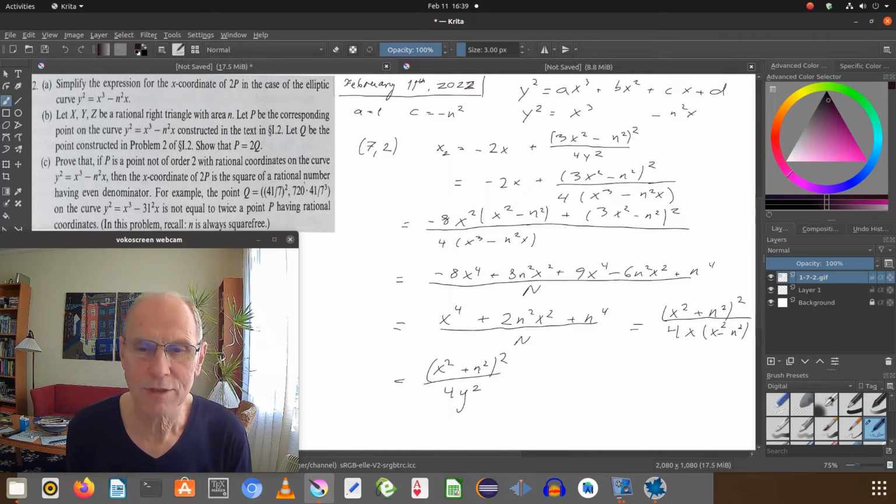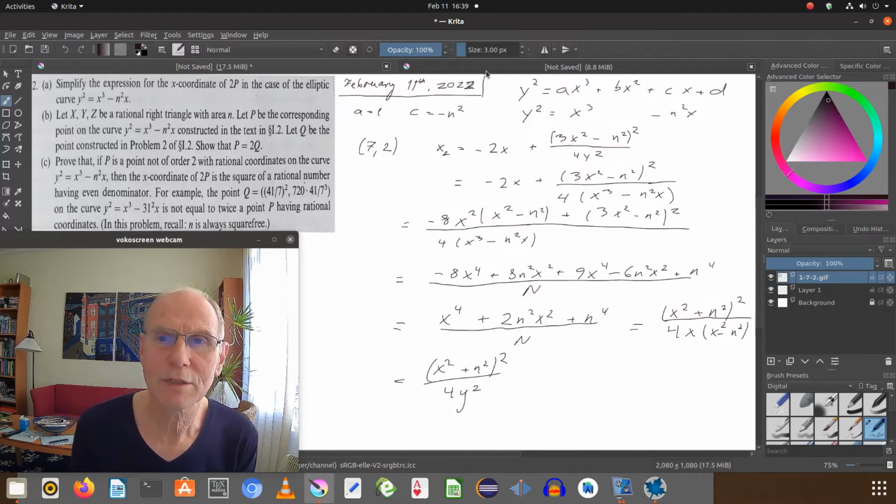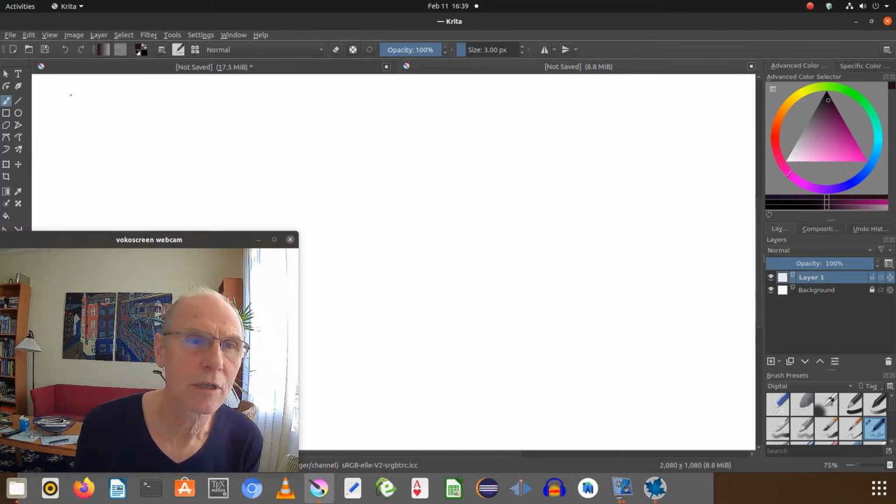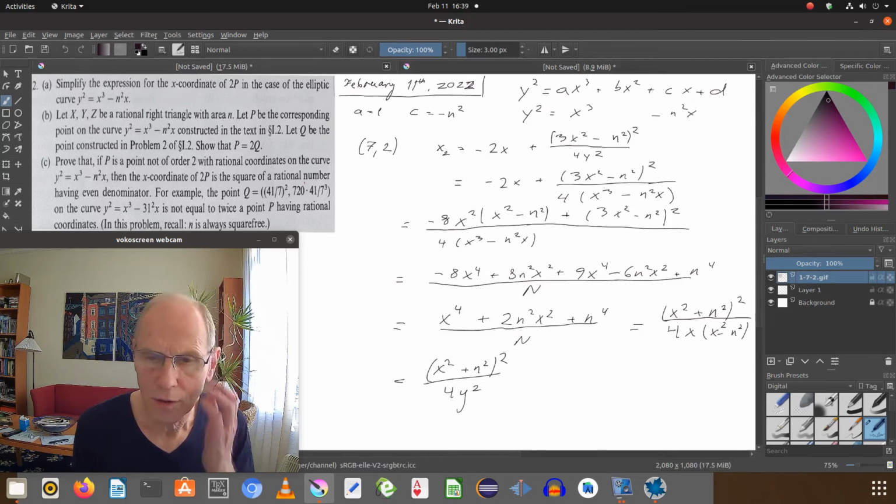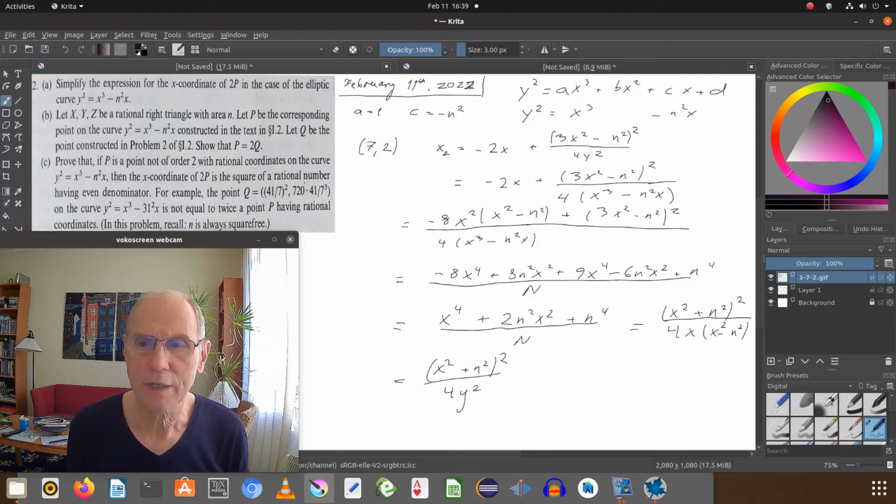X squared plus n squared, squared, divided by 4y. Squared, 4y.